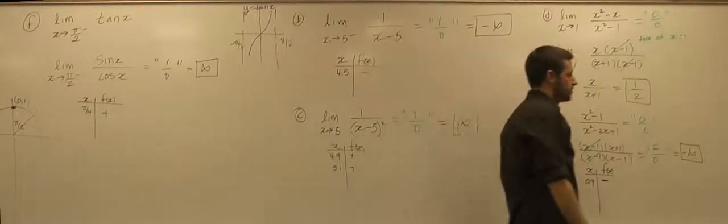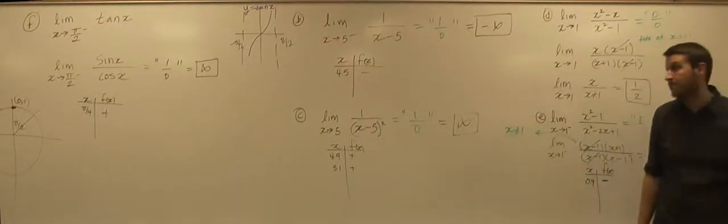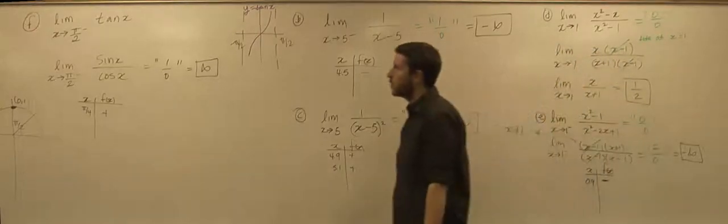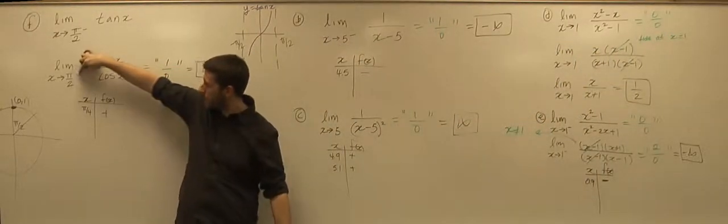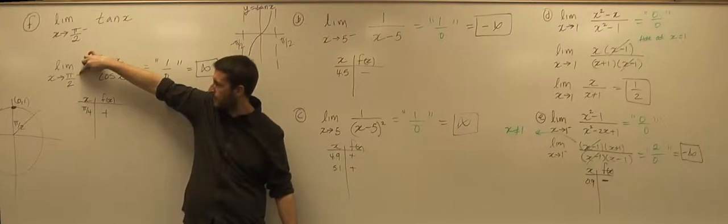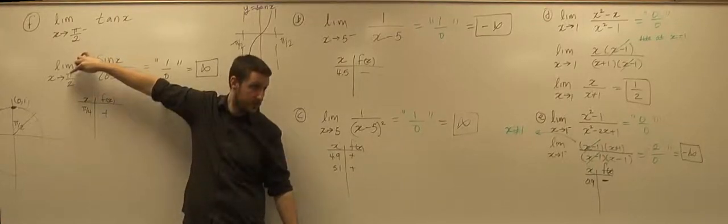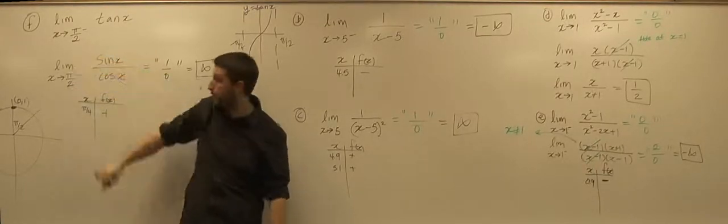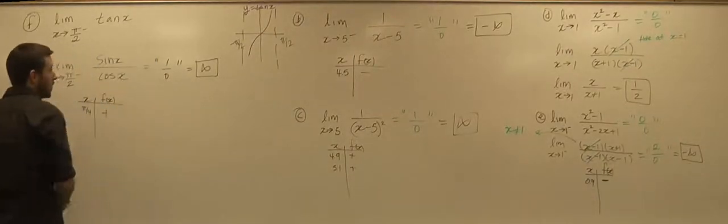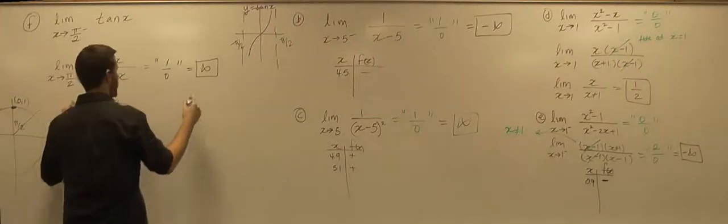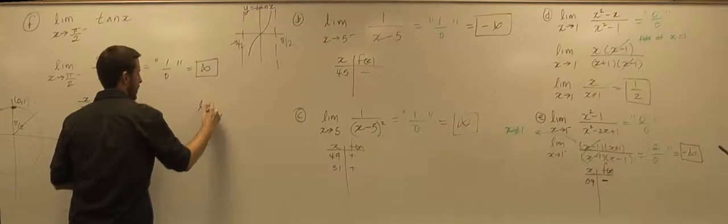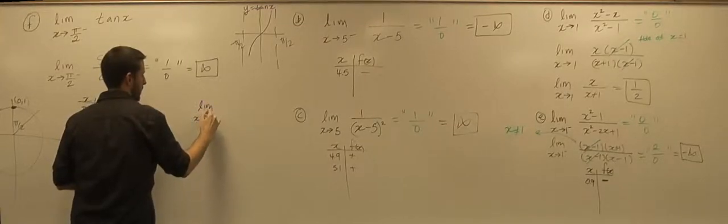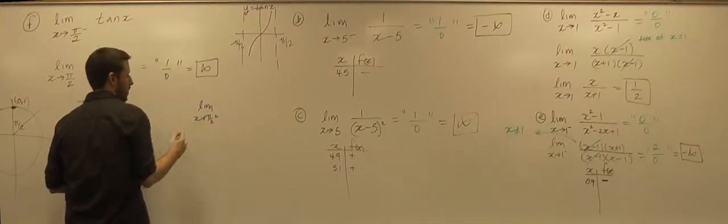So x going towards negative pi over 2, I was just saying, if there was a different one, like negative pi over 2, going towards the left, it would be positive also. Gotcha. So you're asking about the other side of that graph, the limit of tan at negative pi over 2 from the left.